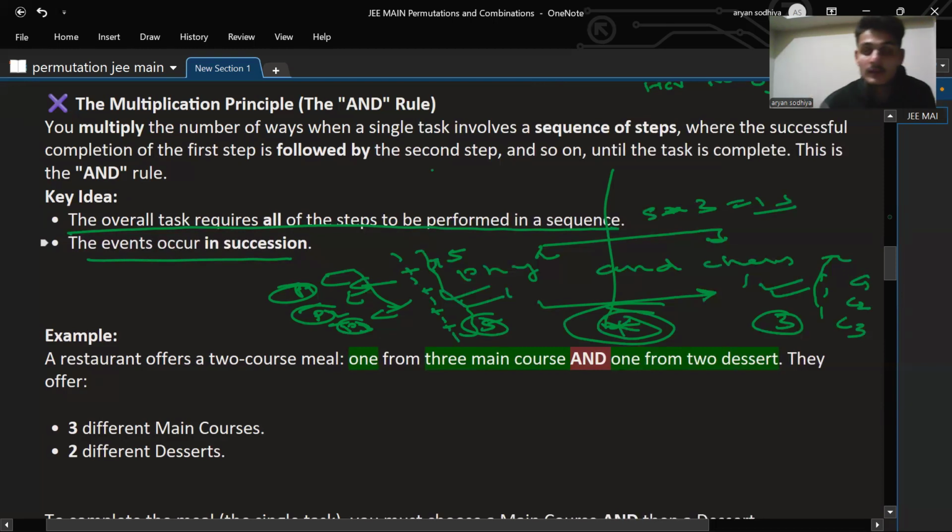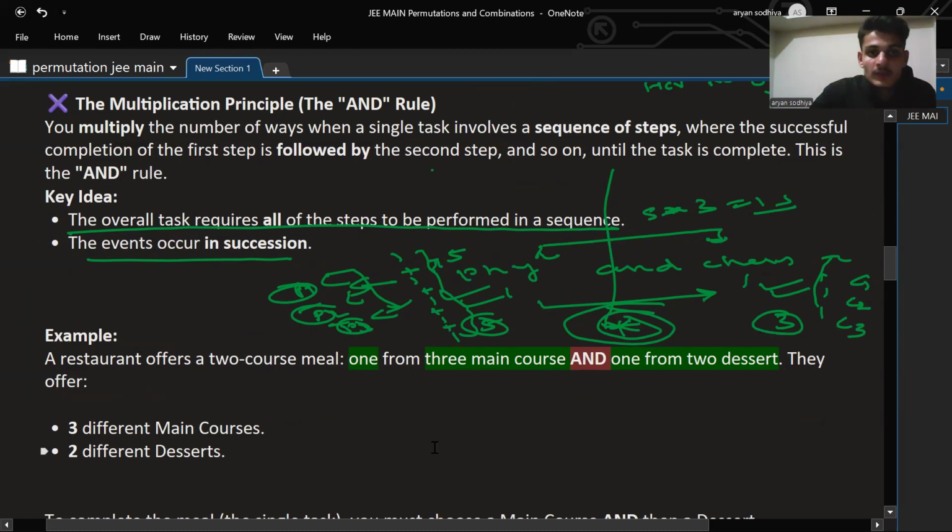I need to select one physics book out of them. That is my task. So or will come in the keywords. Pay a lot of attention to the keywords. So if or is coming in the question, you will add. This is what mutually exclusive means. Once one is done, you don't bother about the other.